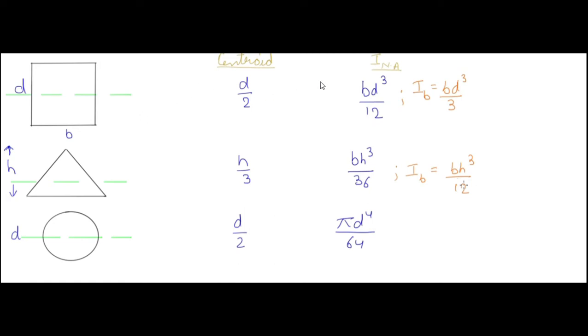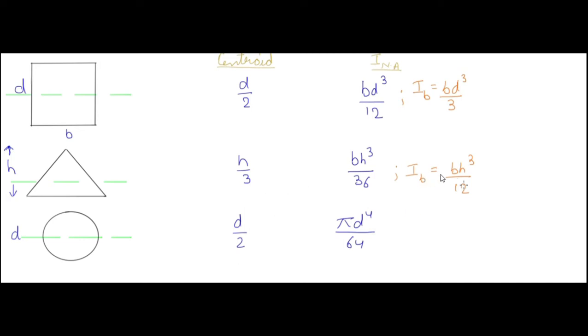Similarly, the centroid of the triangular area is at a distance H by 3 from the base. The base is of length B. About the neutral axis, the area moment of inertia is BH cube by 36, and about the base it is BH cube by 12.